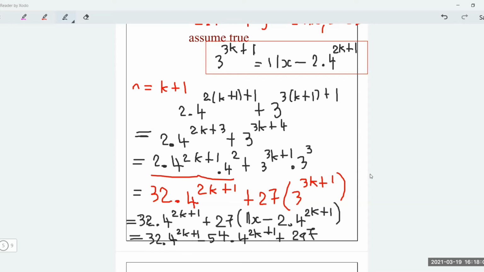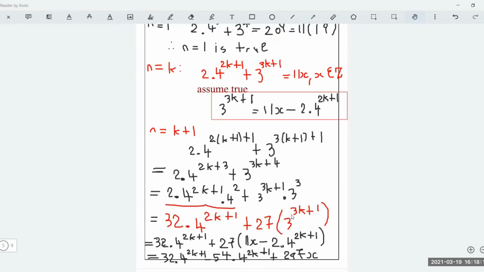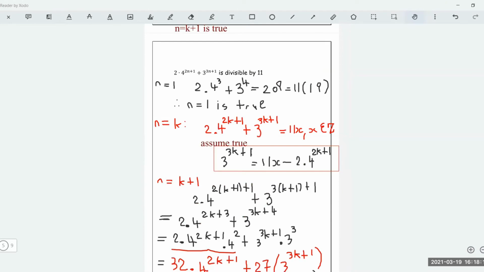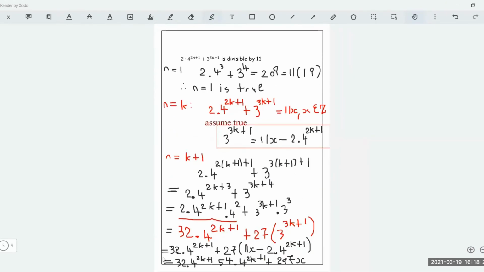Now that we finish, all we need to do is factor out 11 to show that it is divisible by 11. So let's write it all the way up at the top, the final step.